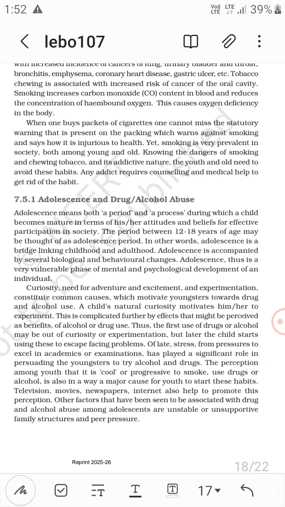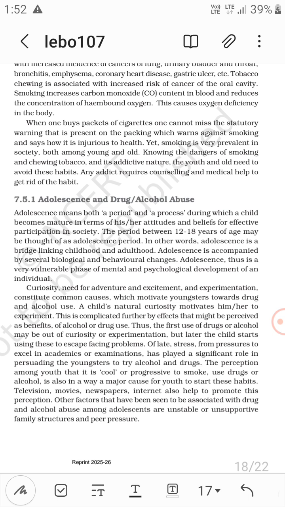Between this period the child becomes mature in terms of attitude and beliefs for effective participation, right? 12 to 18. In other words, adolescence is a bridge linking childhood and adulthood. Adolescence is accompanied by several biological and behavioral changes.